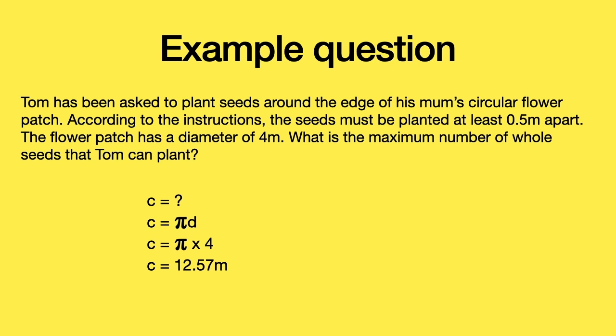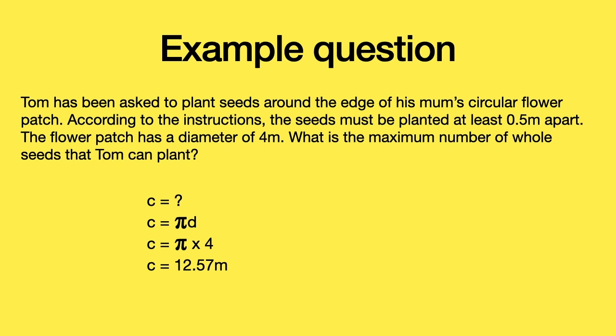So you use your formula C equals pi times D. C equals pi times the diameter of 4, which will get you 12.57 metres. And then the question isn't quite over because we're actually looking for the number of seeds which must be planted at least 0.5 metres apart.